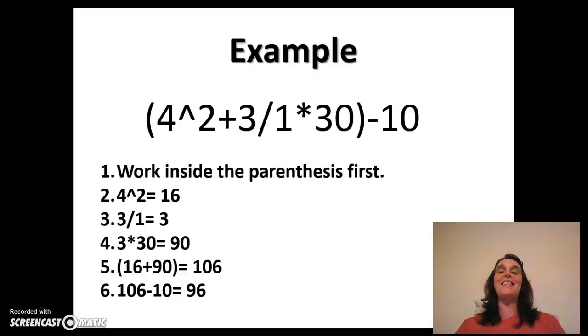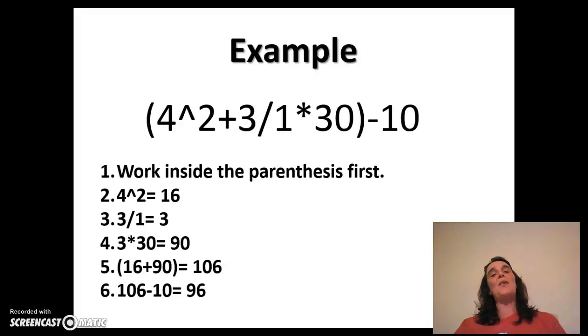We work on parentheses. Correct. So we're going to work inside the parentheses. Inside those parentheses, what are we going to work on first? Exponent. Yes, exponential first.